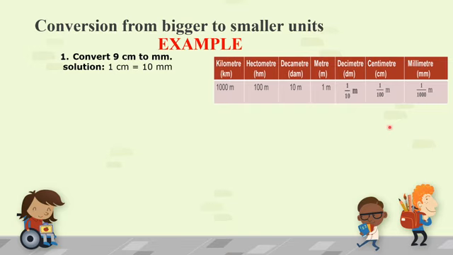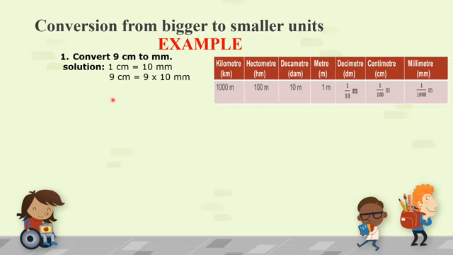So how many steps do you have? Only one step. Every step is 10 times higher or lower, so the difference is 10 times. So we have to do multiplication.